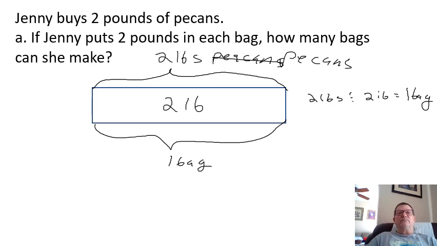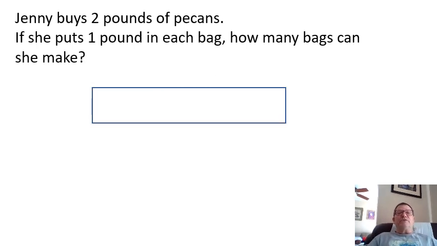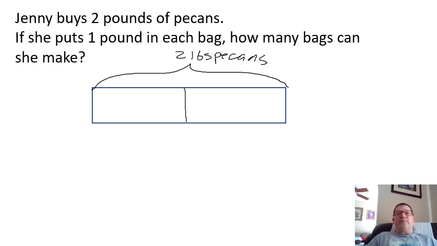All right. Now let's say she puts 1 pound in each bag instead of 2 pounds in each bag. Well, first thing I'm going to do, once again, 2 pounds of pecans. And she says, I'm going to put 1 pound in each. So first thing I'm going to do is split it up into 2 pounds.